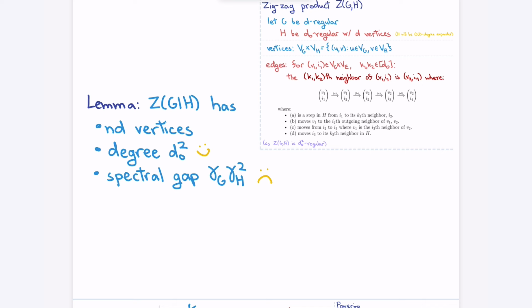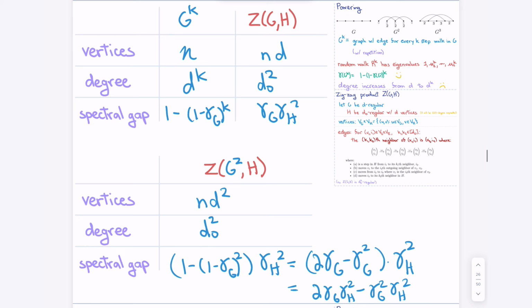In particular, we'll look at combining: I'll take G and raise it to the 2nd power and then zigzag it with an expander. The really big win is that you're going from gamma to 1 minus gamma G squared, which is roughly 2 gamma G. When gamma G is still pretty small because it's not an expander yet, the 2 gamma G will dominate gamma G squared.